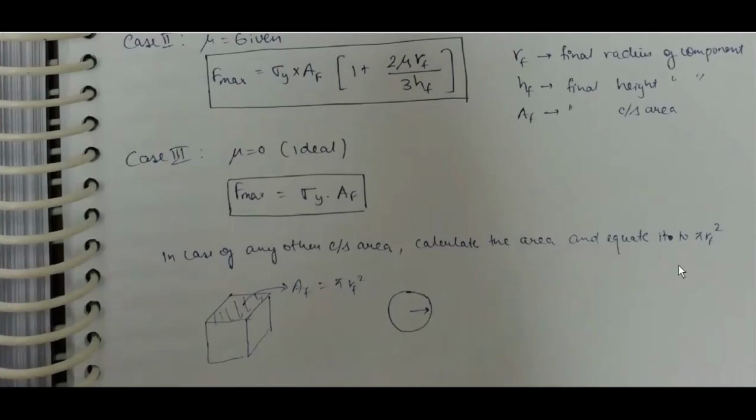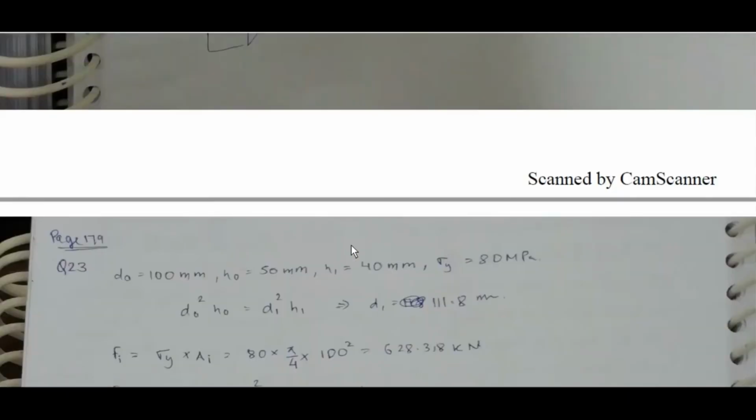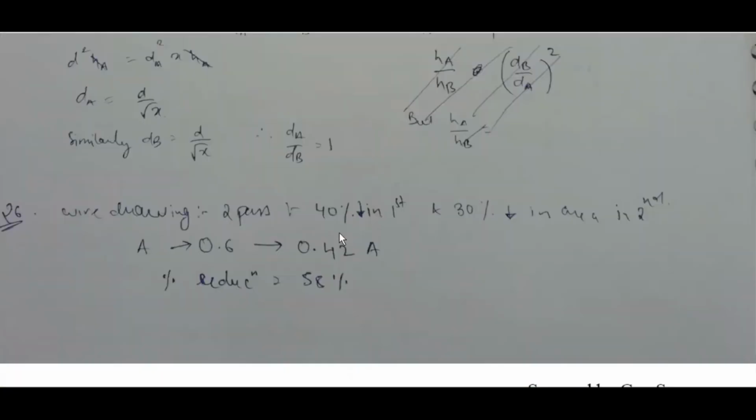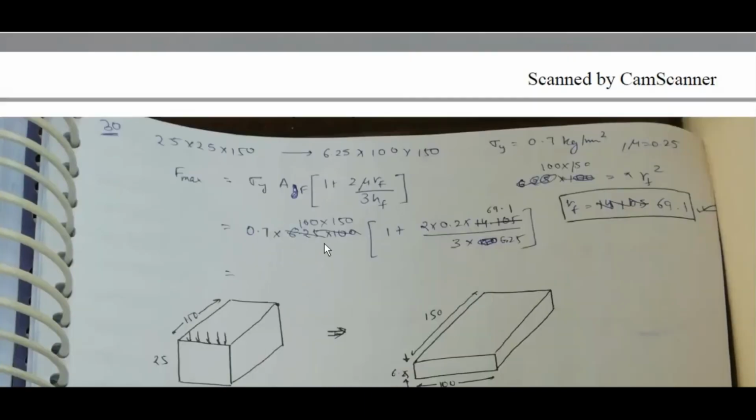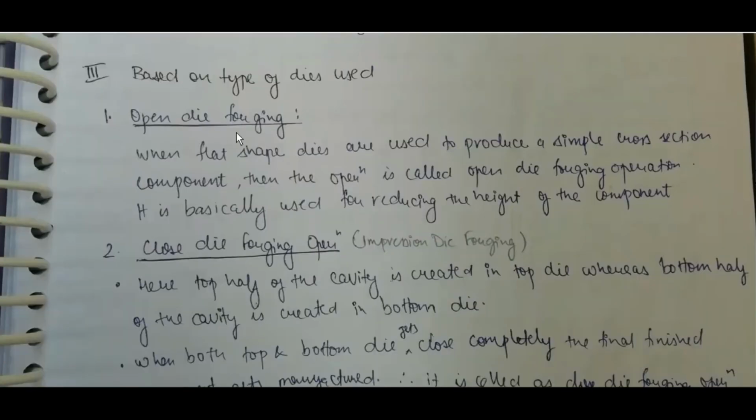Edging: collecting material locally at the required place is called edging operation. It is an open die process. Flattening: producing a flat shape of the component in an open die forging operation is called flattening process.